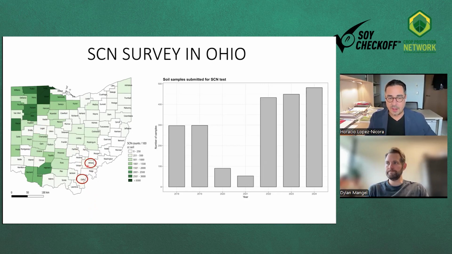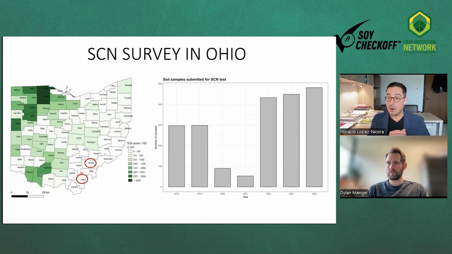This is an example in Ohio, two counties where we did not detect soybean cyst nematode before because samples are arriving, because soybean is being grown now in these areas. We're being more vigilant and detecting the presence of soybean cyst nematode very early on.